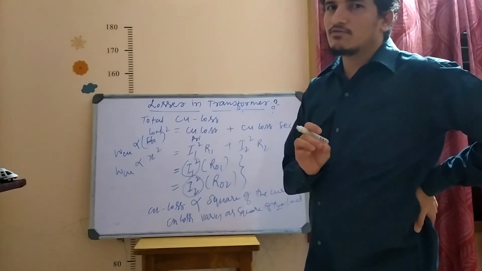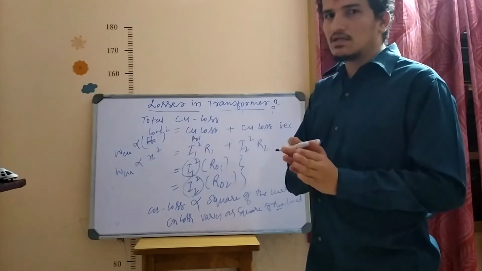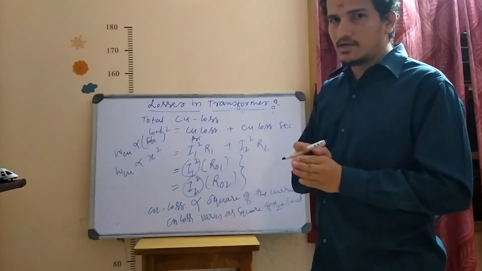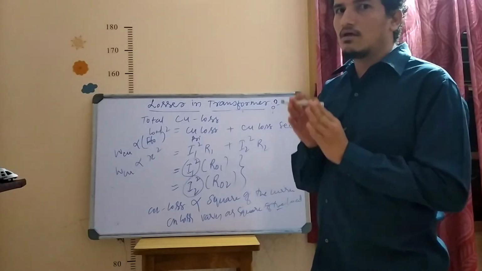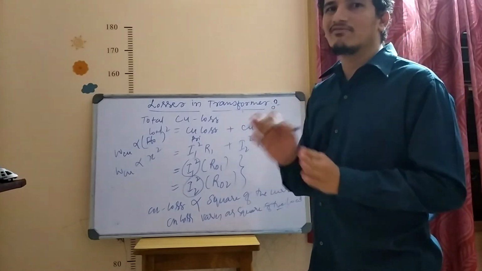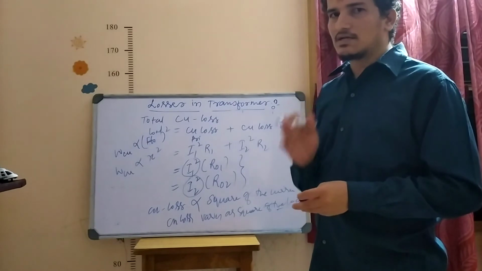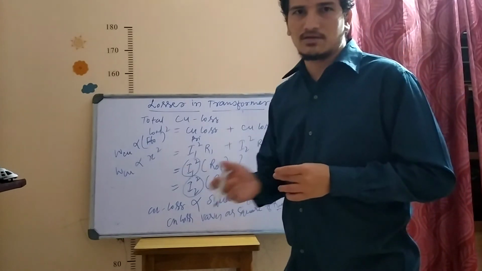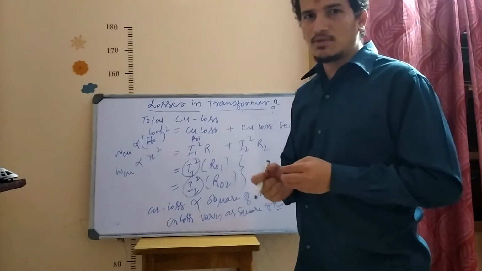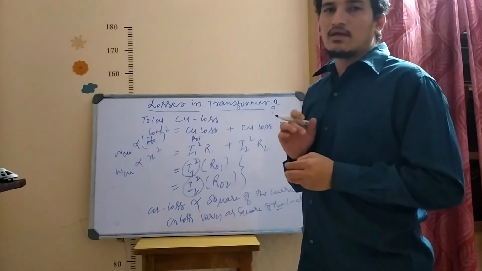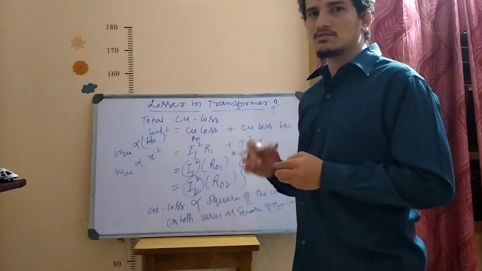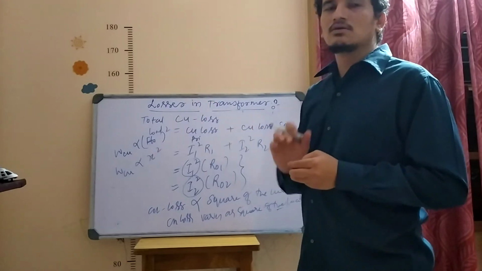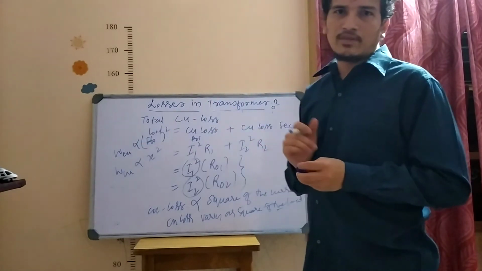The rating of the transformer is generally given in kVA, in apparent power. kVA, volt amperes, not in watts. Why? Because transformers, generators, UPS, they all deliver power. They don't consume power, ideally speaking. There exist some losses, but leave that aside, they only deliver the power.